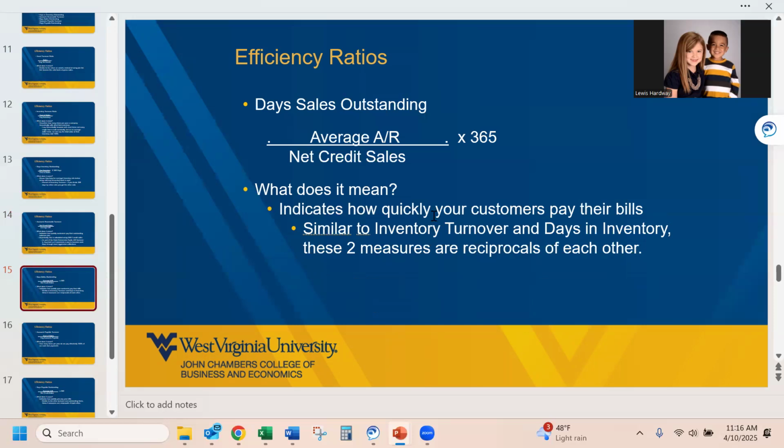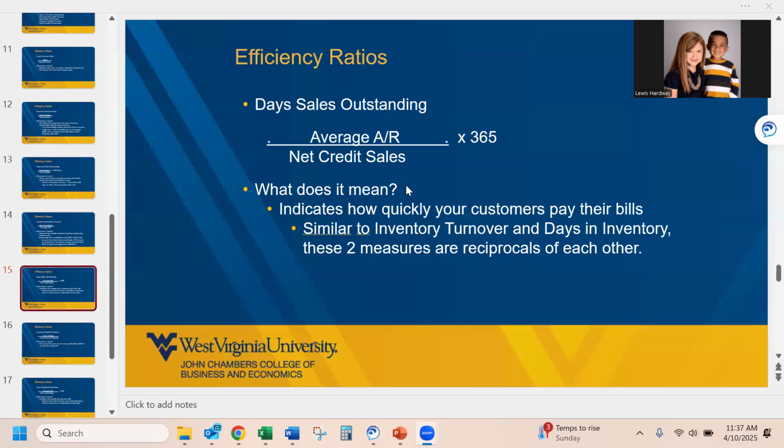So once again, we're going to get a ratio and then multiply by 365 to figure out how many average days it is before we completely collect all of our outstanding accounts receivable. It doesn't necessarily mean that we're going to sell every single item we have that quickly. No, but it gives us a good idea of how quickly we're doing.